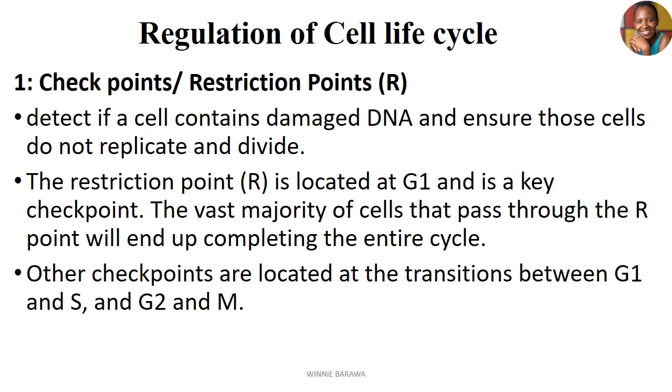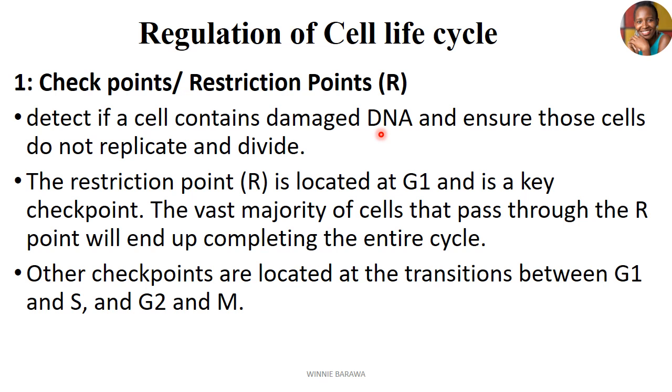There are different mechanisms of regulating the cell life cycle, and one of these mechanisms is the presence of checkpoints, or what we call restriction points, R. What these points do is detect if a cell contains damaged DNA material and ensure that these cells do not replicate and divide further.